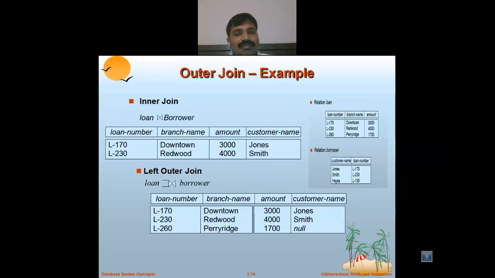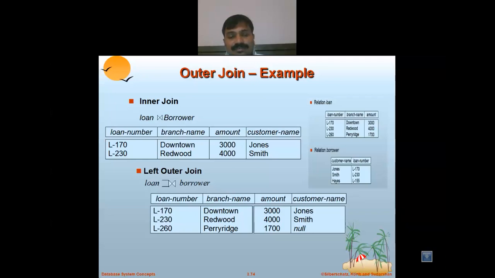Structured query language, when you use SQL, has data definition language, data manipulation language, and data control language. So there are DDL, DML, DCL and TCL. These are the languages we write in SQL.